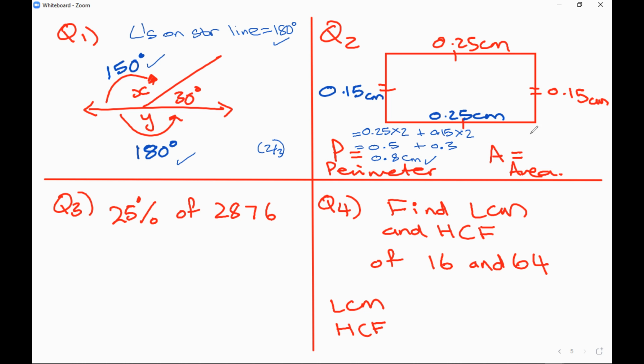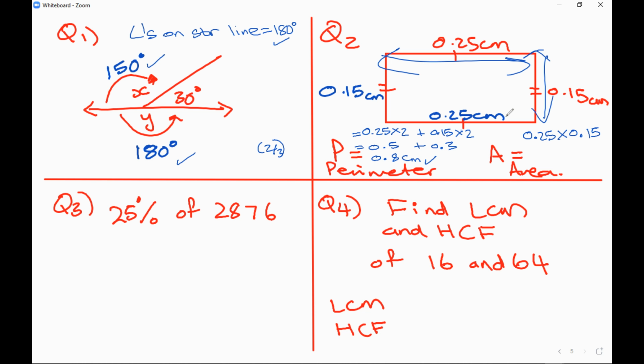This one here, area now. Area we multiply length times width. This length multiplied by that length. So that's going to be 0.25 times by 0.15. You can also, if you don't use a calculator, convert it into 25 over 100 multiplied by 15 over 100, and then take 25 times 15.